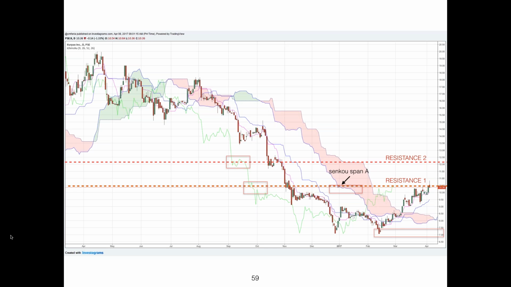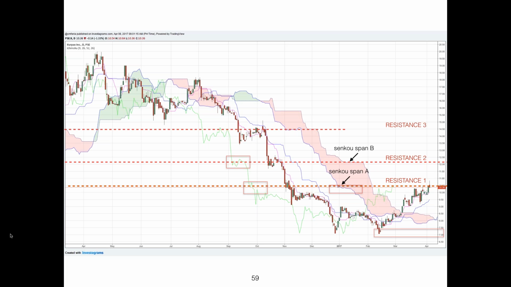At that area, you will find the Chikou span gravitating within that range as well in September 2016. You would also find the Senkou span B at that area. The Senkou span B is a long-term resistance line. Therefore, this is a strong resistance.